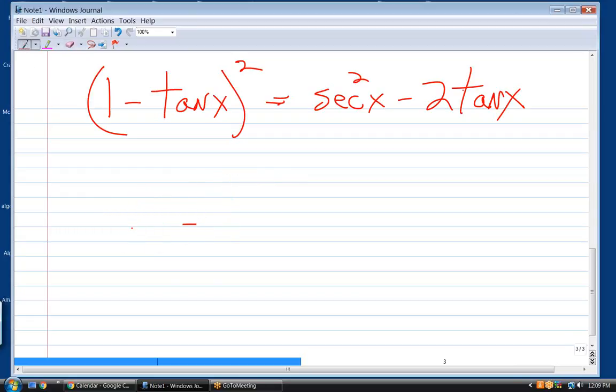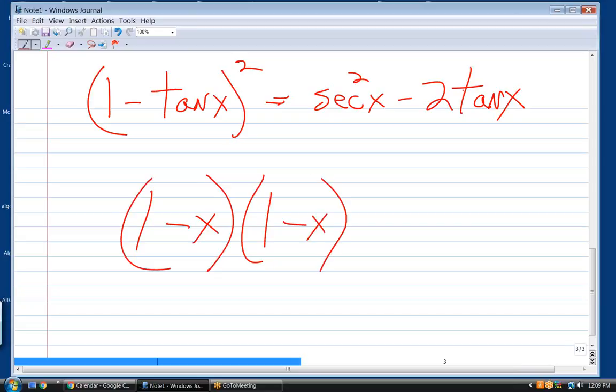So 1 minus tangent squared? No, that's the number one mistake made in algebra. If I have 1 minus x times 1 minus x, it is not 1 minus x squared. It's 1 minus 2x plus x squared.